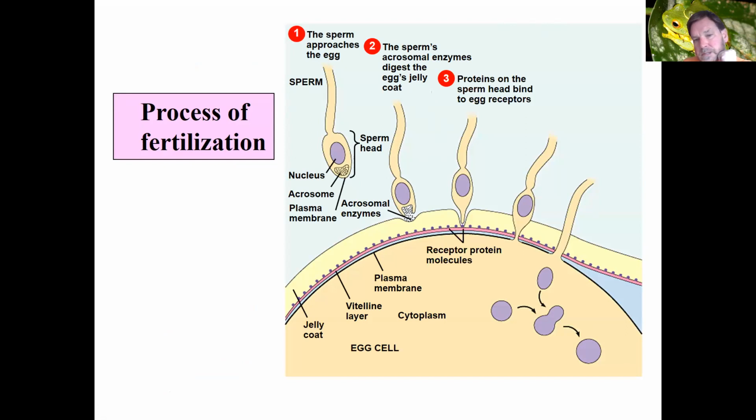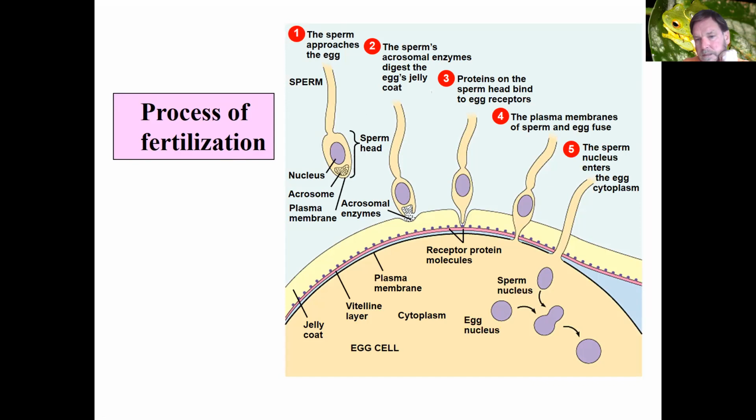It's going to bind to the receptor protein molecules of the egg and fuse the plasma membrane. And then the sperm enters the egg's cytoplasm and joins with the egg nucleus to produce a zygote. After that, a fertilization envelope forms that keeps other sperm from penetrating the egg.